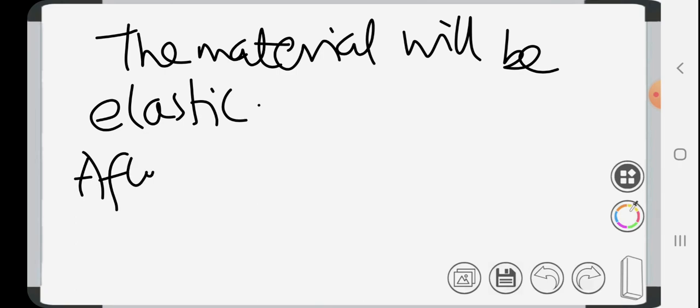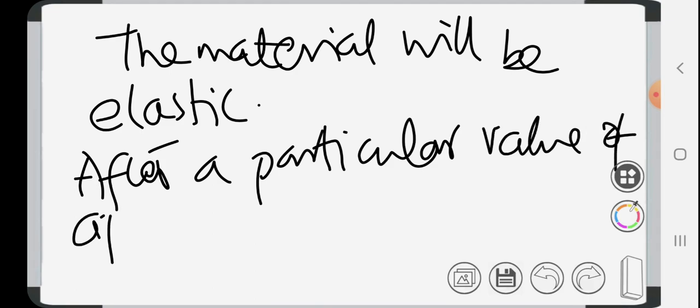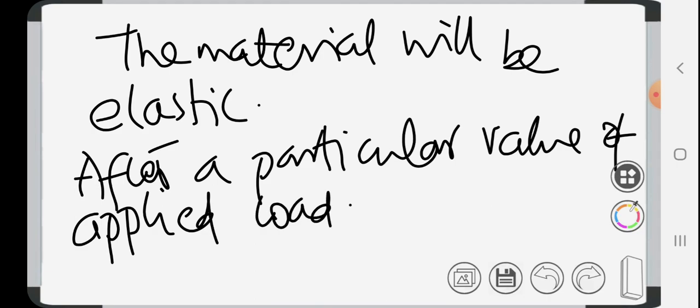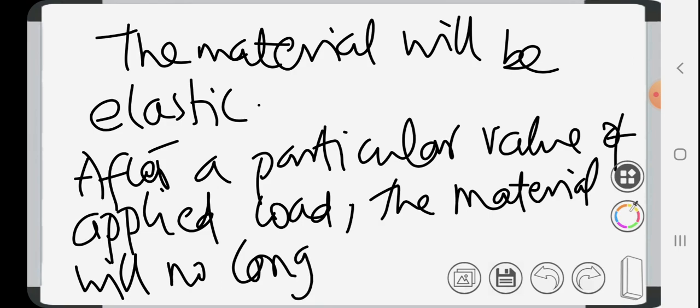After a particular value of applied load, the material will no longer be elastic.